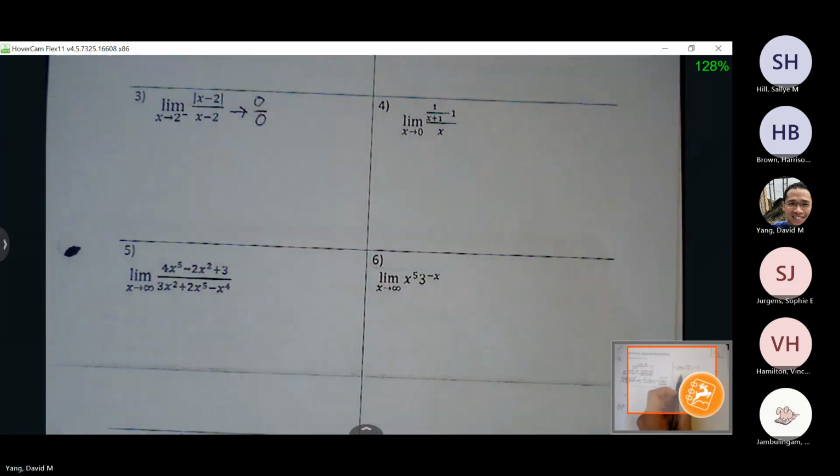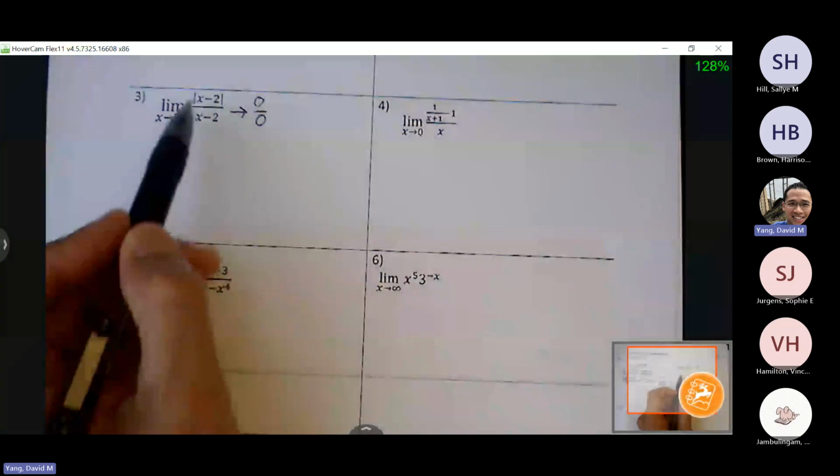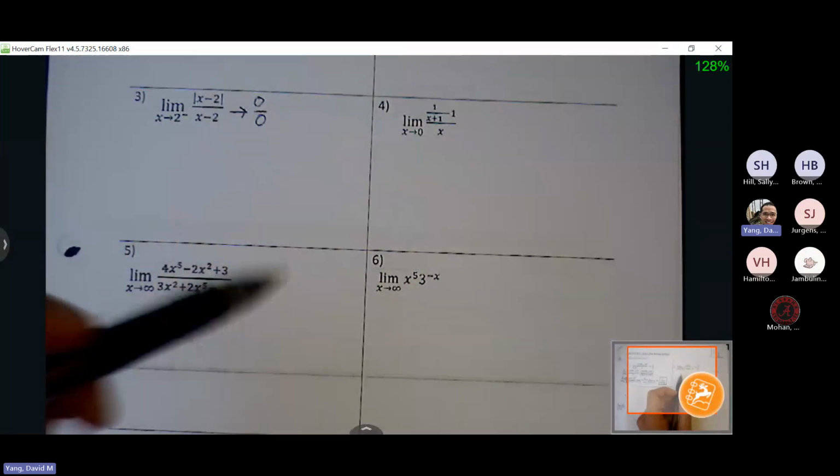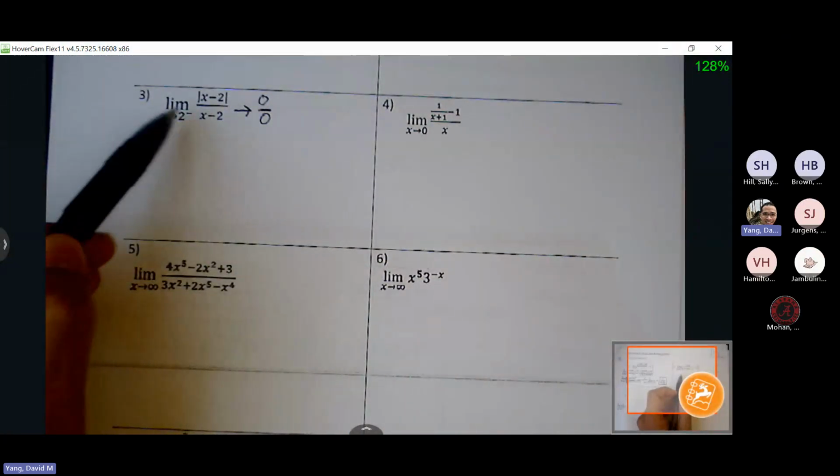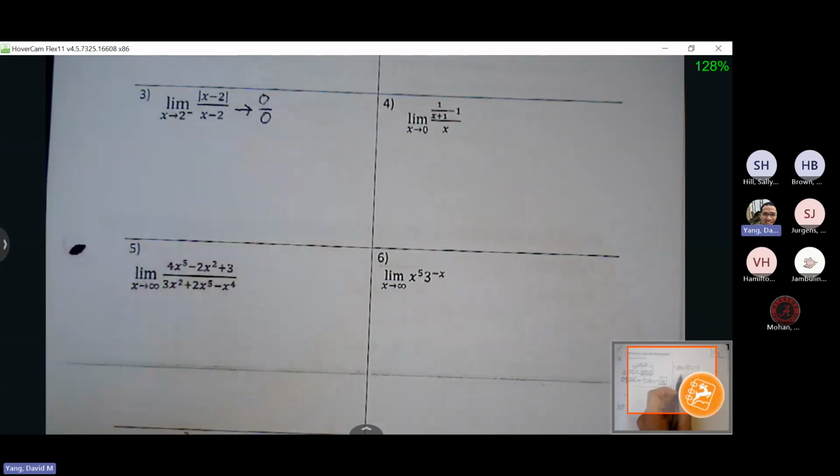So we talked about yesterday how there are two ways that we can go about it. We can rewrite the absolute value as a piecewise function, and then read the piecewise function and look at the one-sided limit, or we can graph it.